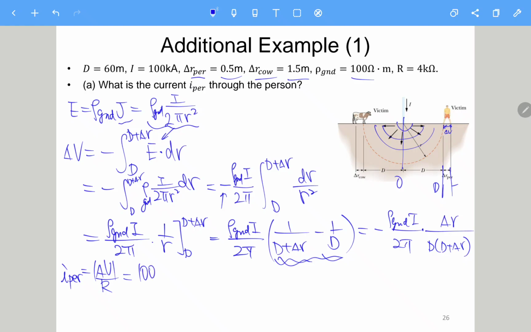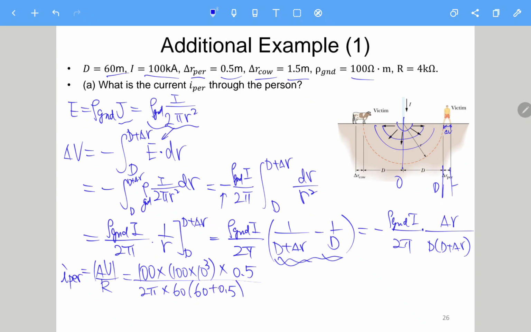Okay, it is 100 times I, which is 100 times 10 to the third power, and then times delta R pearl, which is 0.5, over 2 pi, and then times D, which is 60 meter, and then 60 plus 0.5.